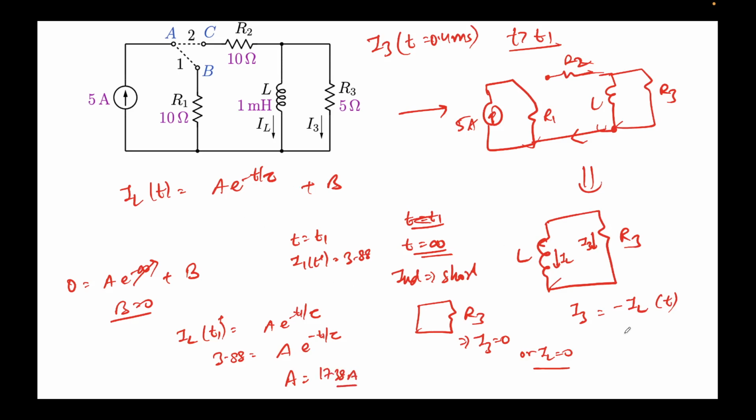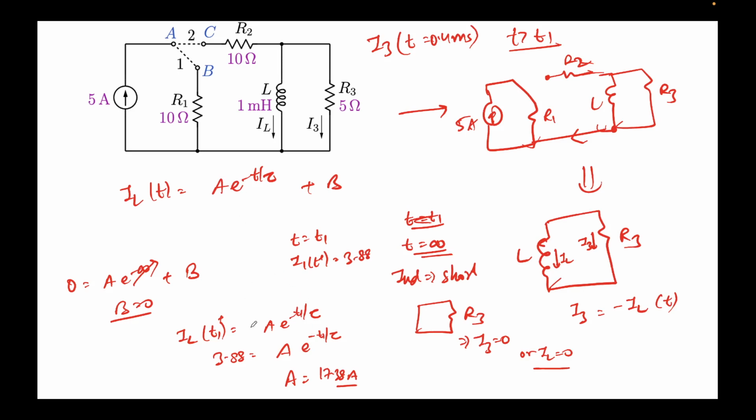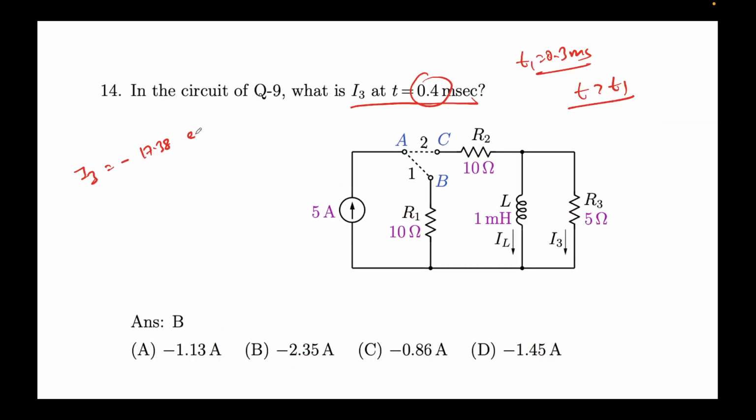And we are interested in finding I3, and I've got the expression for I3 equal to minus IL times t. So I3 is equal to minus 17.38 e to the power minus t over tau.